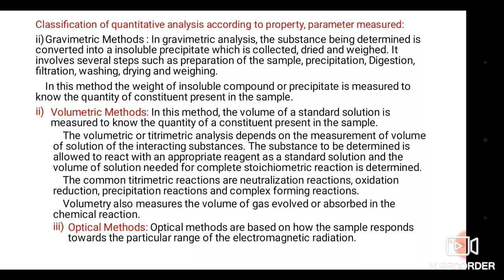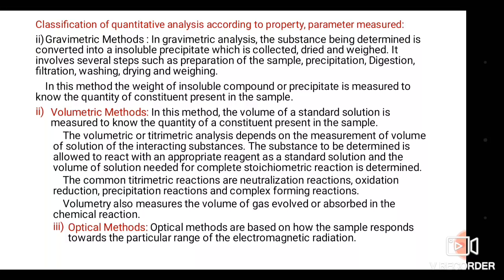In gravimetric analysis, the substance being determined is converted into a suitable precipitate, which is collected, dried, and weighed. It involves several steps such as preparation of the sample, precipitation, digestion, filtration, washing, drying, and weighing. All these steps are performed in the gravimetric method.